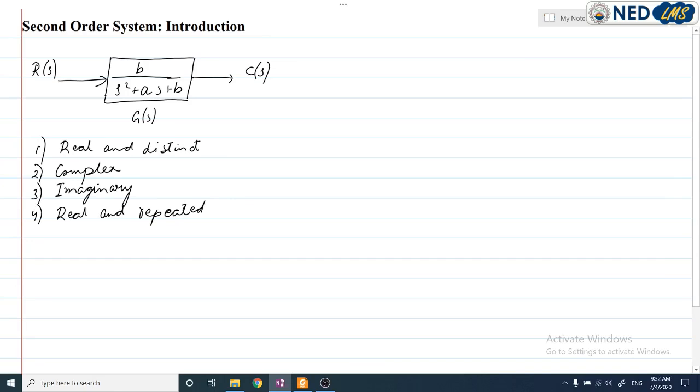and I am giving them some names. If we have real and distinct roots, we get an overdamped response.